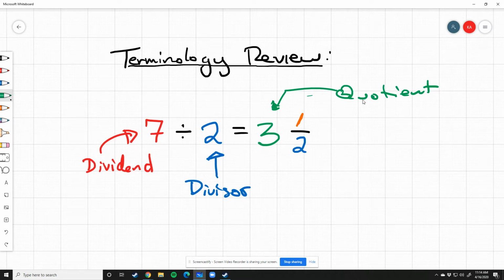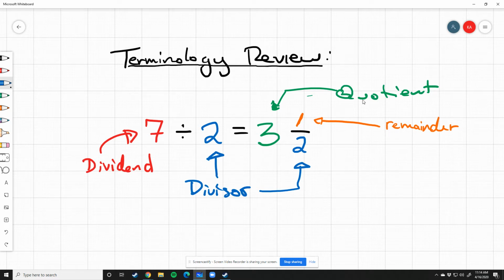But you'll notice there's this 1/2 over here, and the number in orange is the remainder. And this number in blue down here is also the divisor. So we often add on the remainder divided by the divisor here, this 1/2, to our quotient, to make it more accurate.